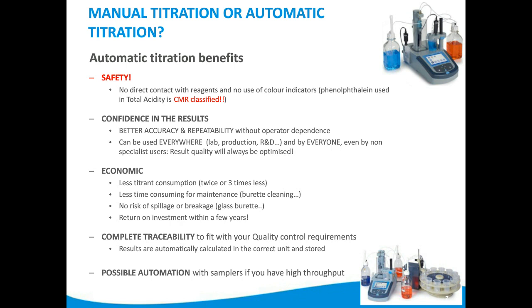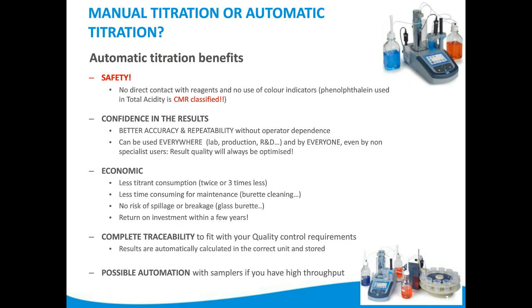And now, phenolphthalein is classified as carcinogenic product by Europe and is CMR classified. So now, Europe recommends to change technique because we want to avoid using this color indicator.